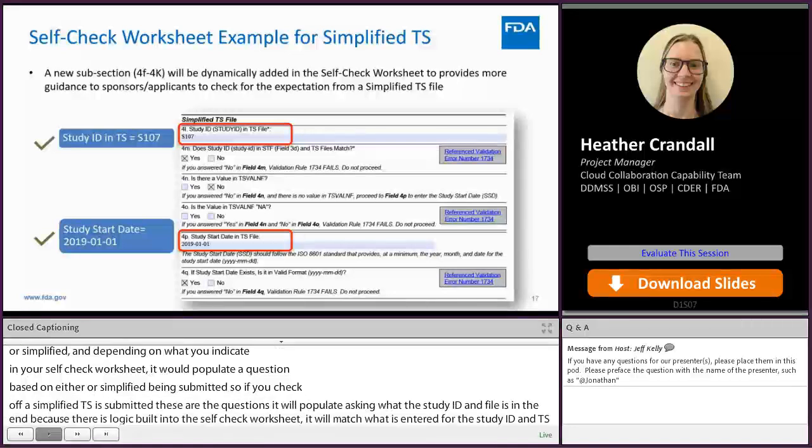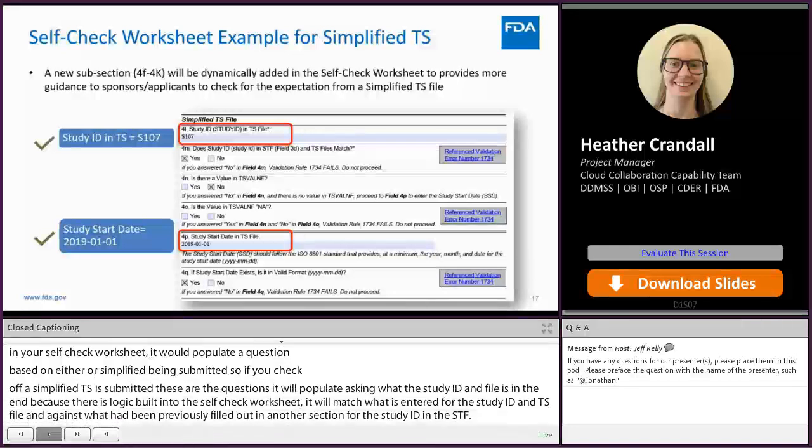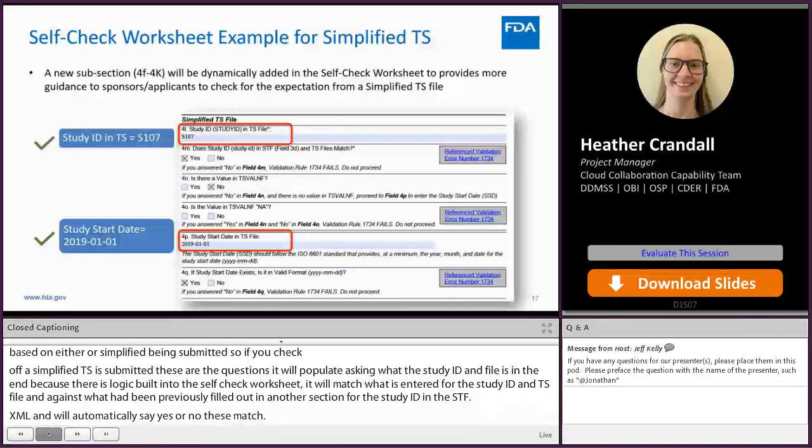It also asks if there is a value in the TS-val-NF field, and what is the study start date in the TS file, and if that study start date is in the valid format of year, month, and day.